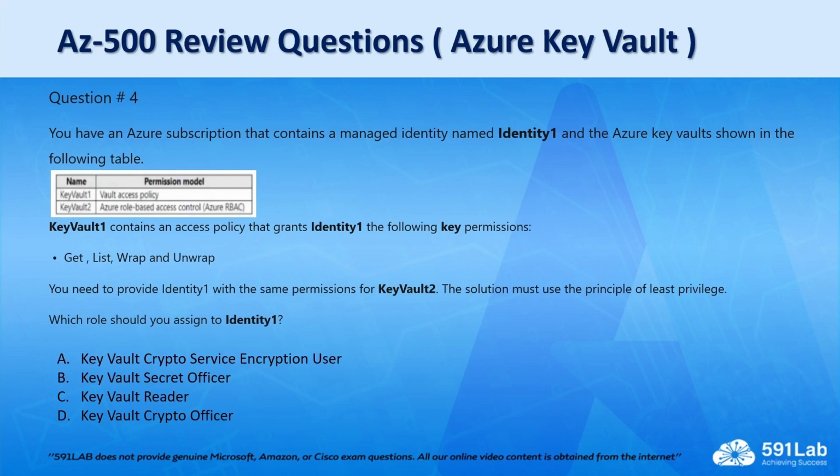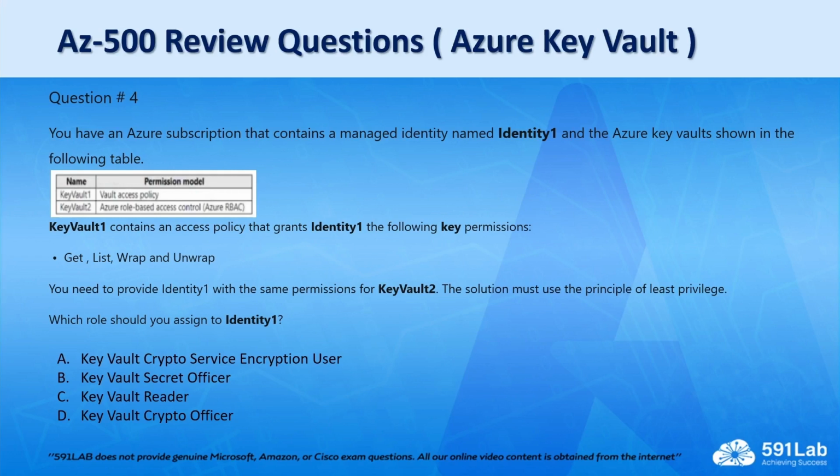We need to remember, for Key Vault 1, we have vault access policy, which means we have to explicitly choose identity 1 and then assign the permissions inside Key Vault 1. But Key Vault 2 is set to Azure RBAC, which means we need to assign a role here. So when we are talking about assigning a role, we have to look at which role is going to do the same work as identity 1 is doing in Key Vault 1.